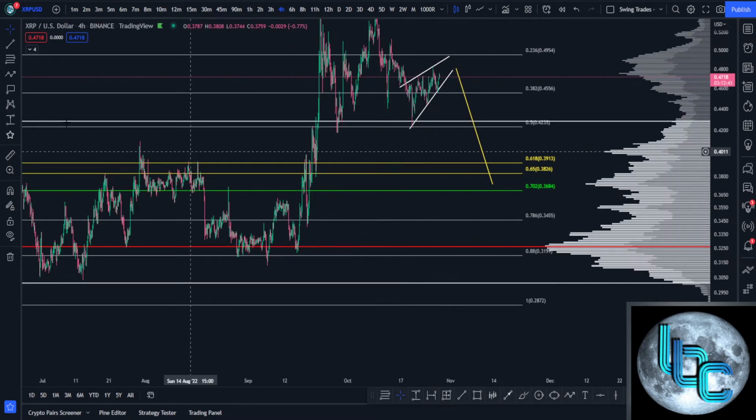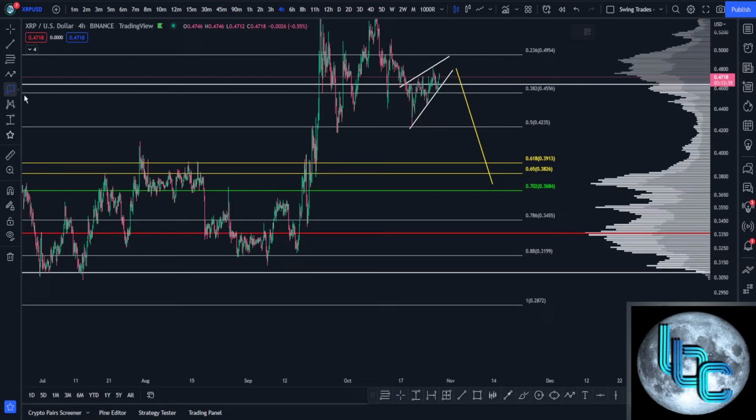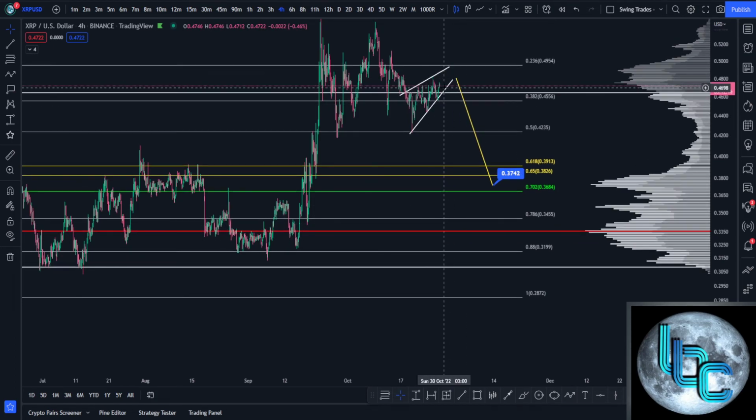So it is not unrealistic to believe that we can see a 0.37 to 0.38 is going to be my best guess, if XRP is to break down.